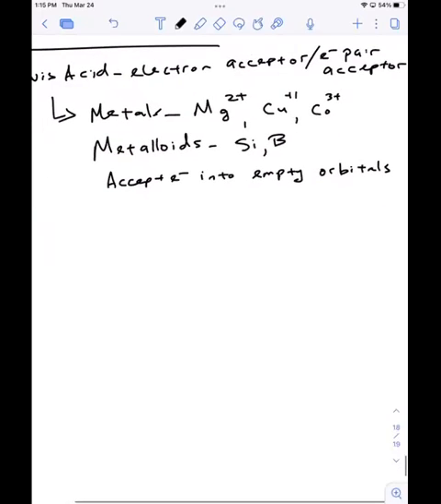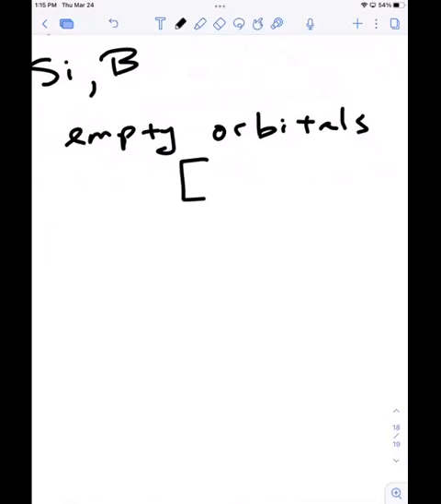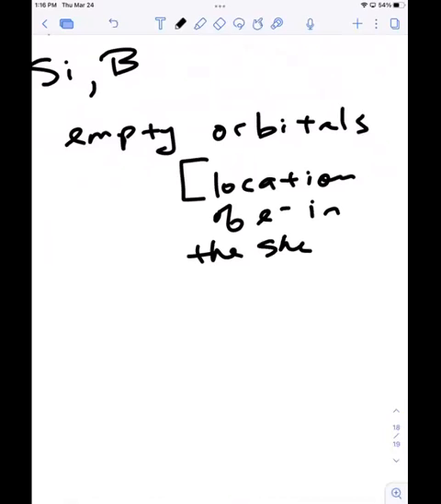We haven't talked much about orbitals. That's coming up, but an orbital is simply a location of electrons within the shell or the shells of a particular atom or ion. We're going to talk about all of this later.